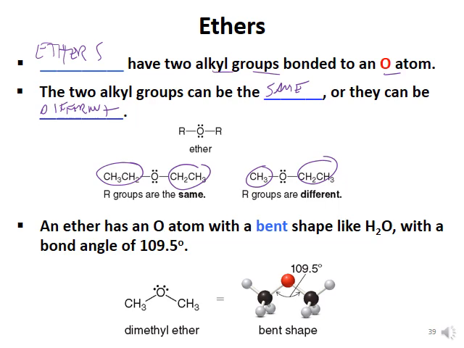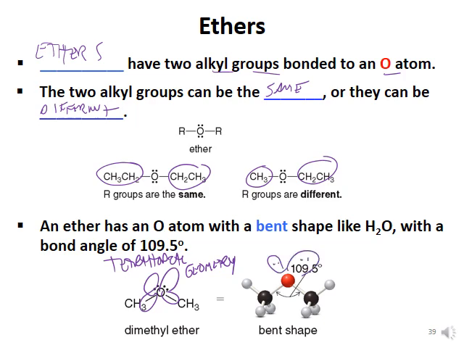Ether is very similar in shape and arrangement. We've got 4 different places where electrons are found, so it's a tetrahedral geometry. But because of the lone pairs, you can't see them.